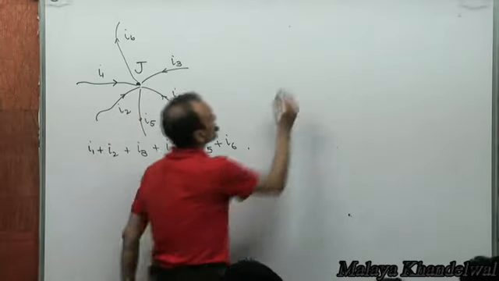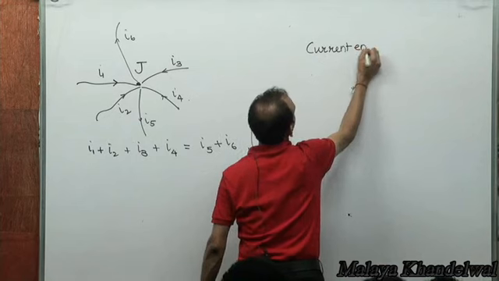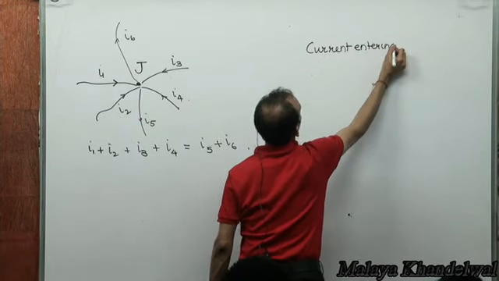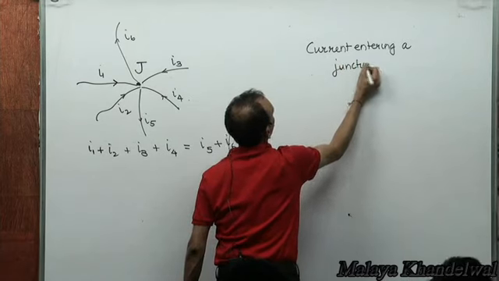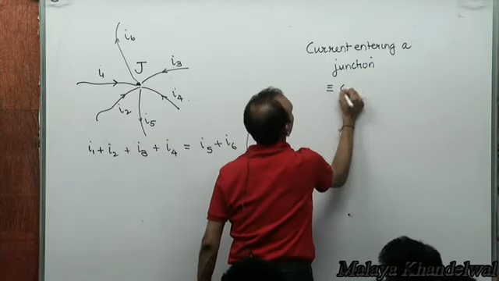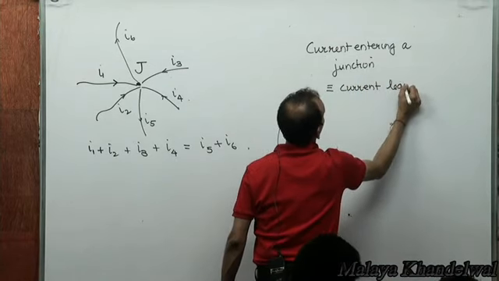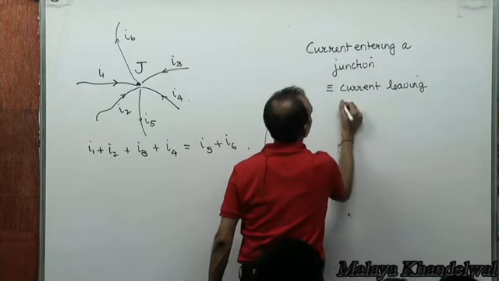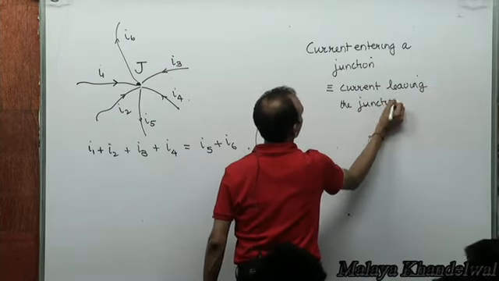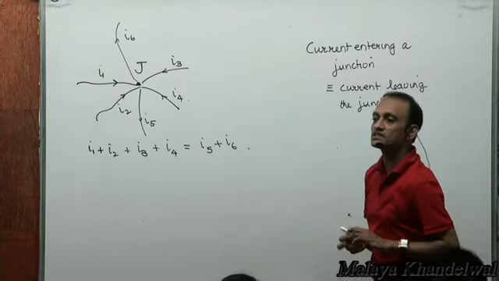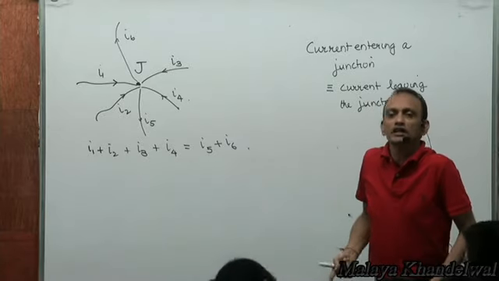Current entering the junction equals current leaving the junction, because there cannot be any accumulation of current at a given junction.